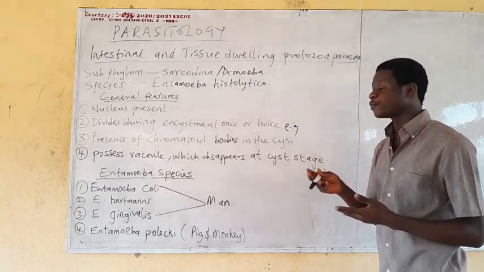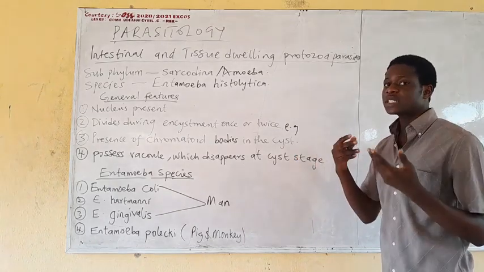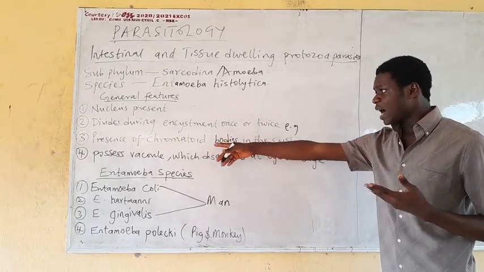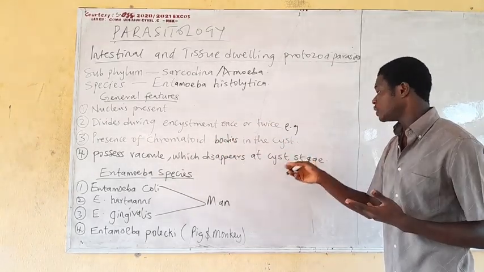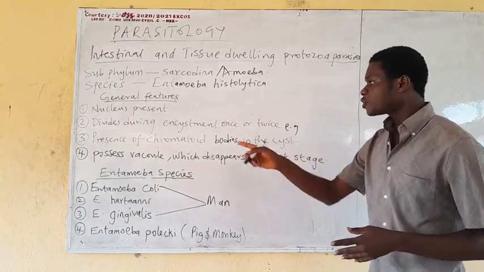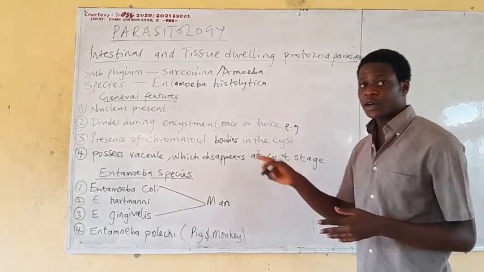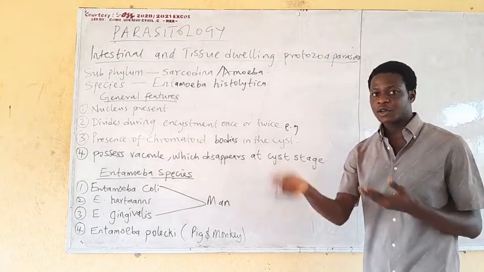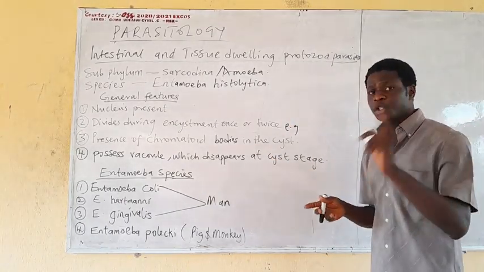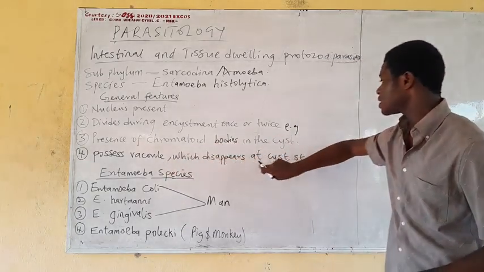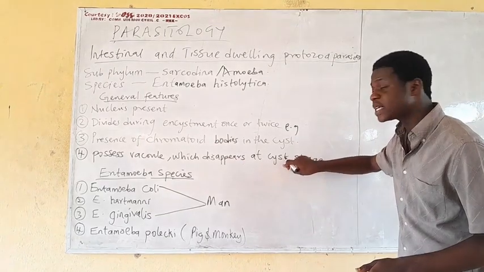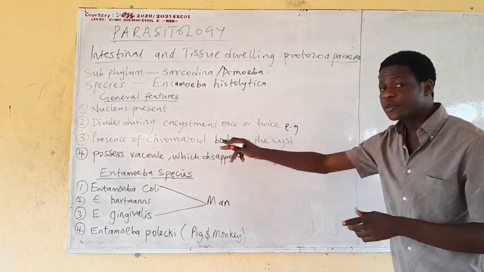During this stage, they have chromatoid bodies which exist in the nucleus of the cyst. The fourth is the presence of a vacuole, which helps in storage of glycogen and other things. What you should note is that at the cyst stage, the encystment stage, the vacuole disappears.